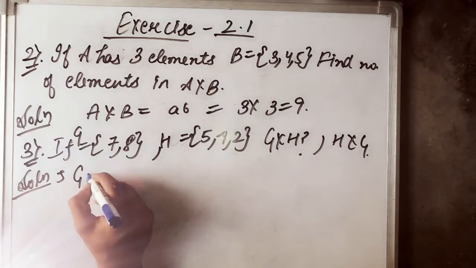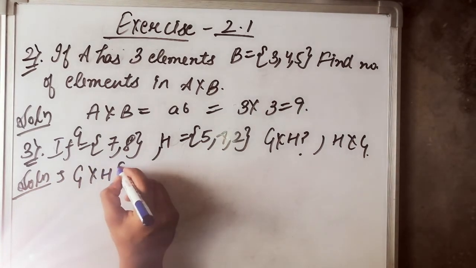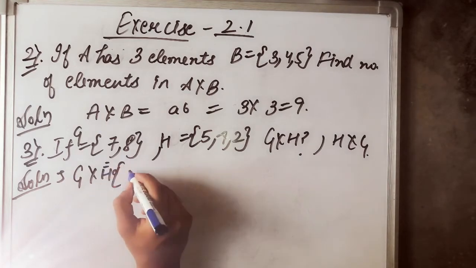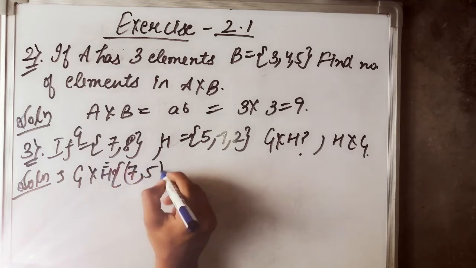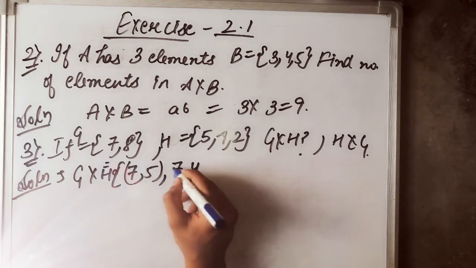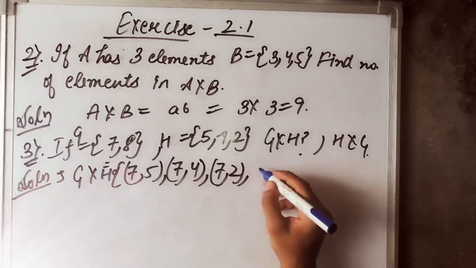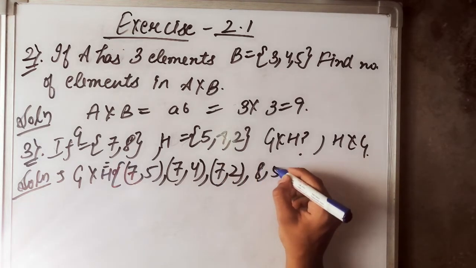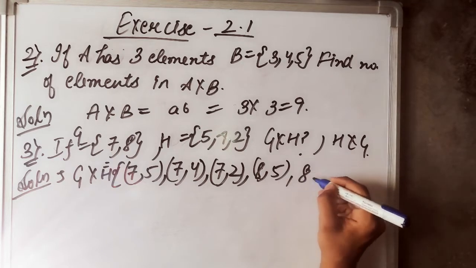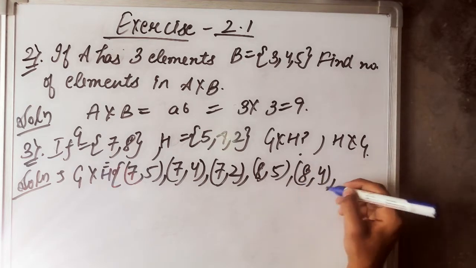G cross H equals 7 5, 7 4, 7 2, 8 5, 8 4 and 8 2.